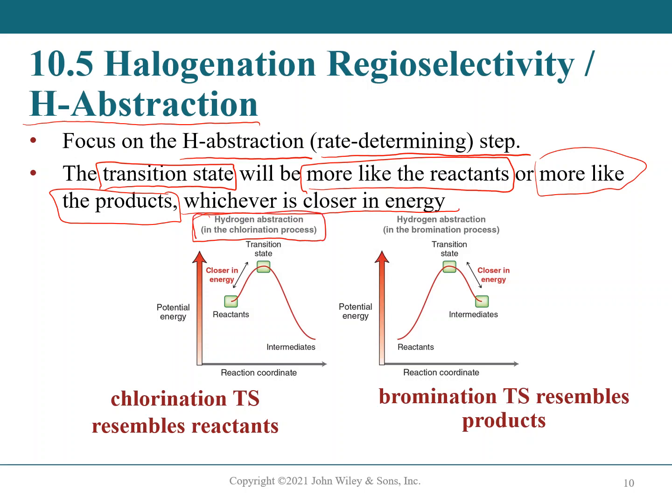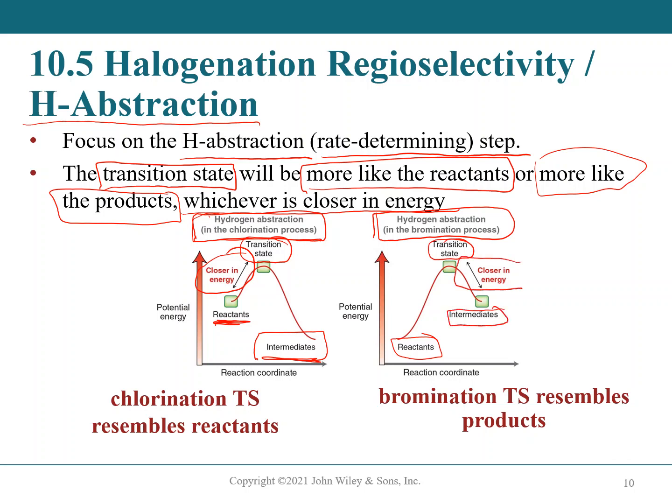On the left-hand side, this is the hydrogen abstraction for chlorination. In that chlorination process, we have our reactants. We look at the transition state, and we can see the transition state is closer in energy to our reactants than it is to our intermediate, in this case the radical that's being formed. Whereas if we look at the hydrogen abstraction on the right, in the bromination, our reactants are now much further away from the transition state, and the transition state is much closer to the intermediate.